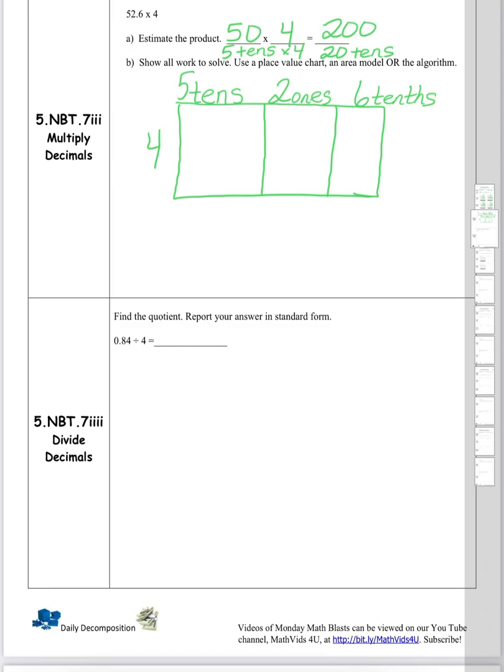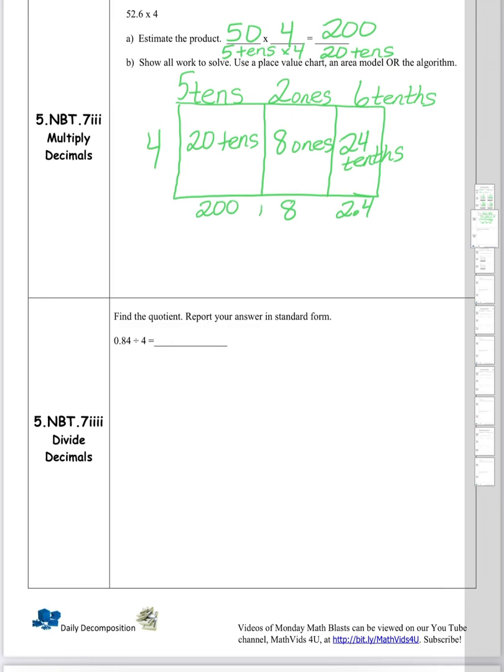So 5 tens times 4 is going to be 20 tens. And I know that is 200. 4 groups of 2 ones is going to be 8 ones. And that's 8. And 4 groups of 6 tenths would be 24 tenths. And that is 2 and 4 tenths.